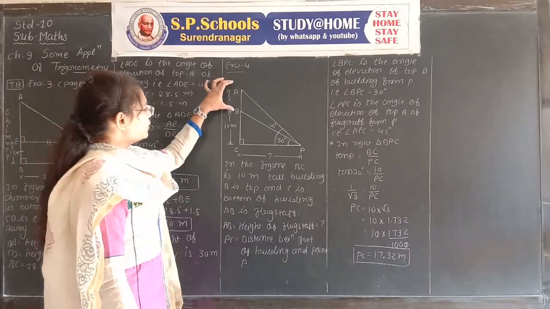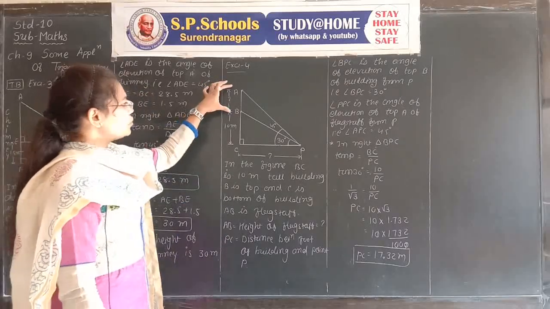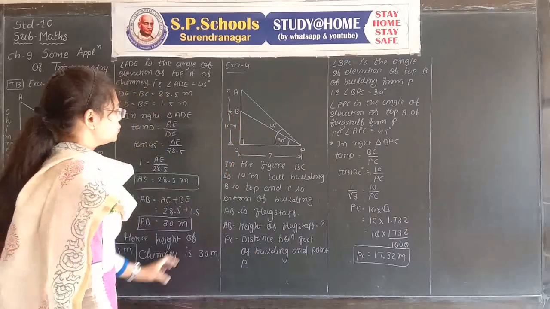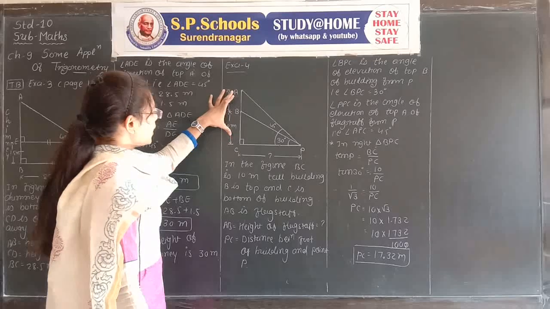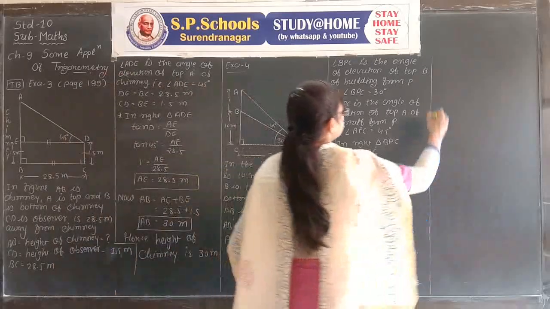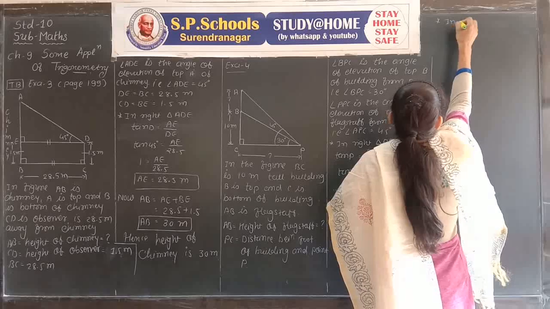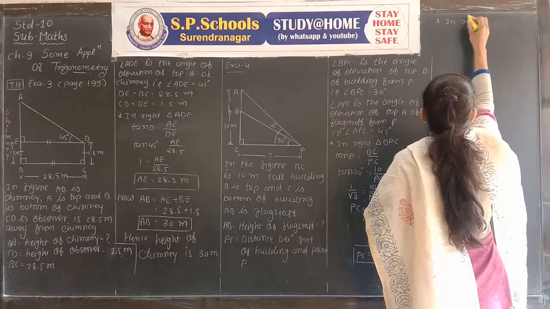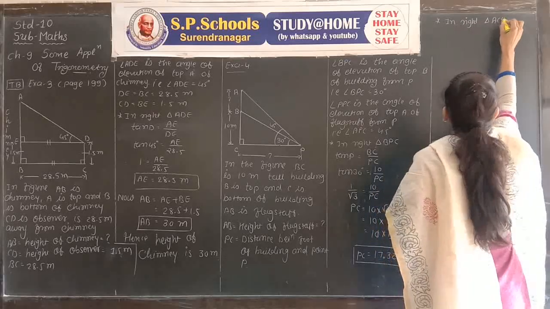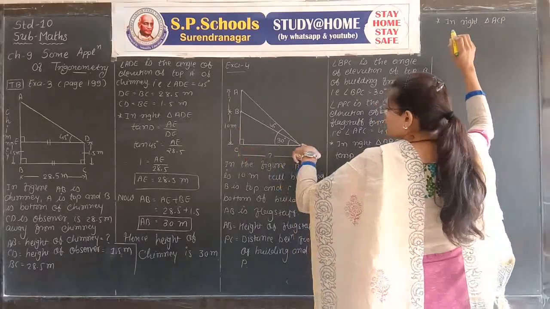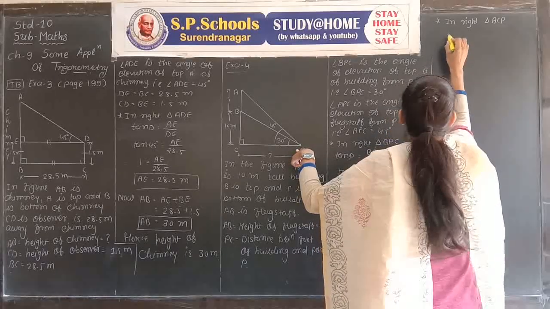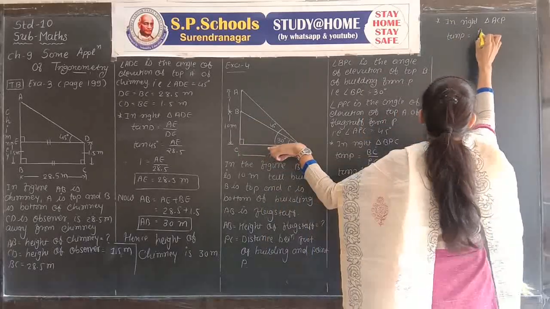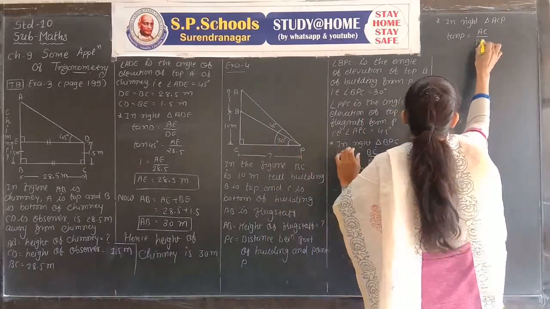Now we need to find the height of flagstaff AB. It cannot be found directly using any right triangle and trigonometric ratio. So we need to find AC by using right triangle ACP. In right triangle ACP, use tan P is equal to opposite AC upon adjacent PC.